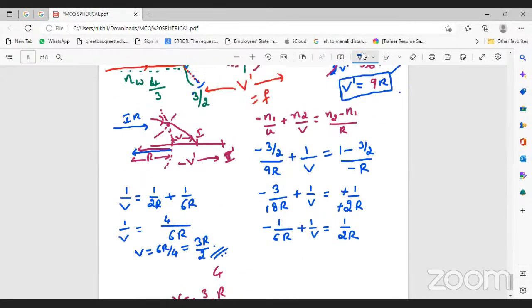So these are the problems on refraction through spherical surface. Now the last unit in ray optics, that is optical instruments.